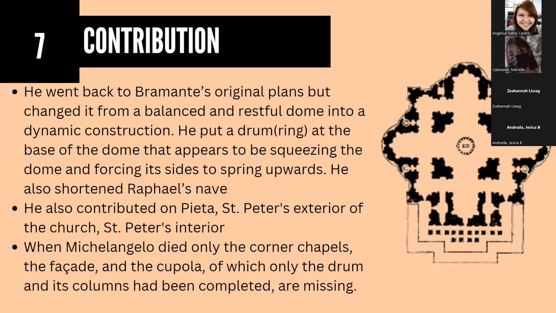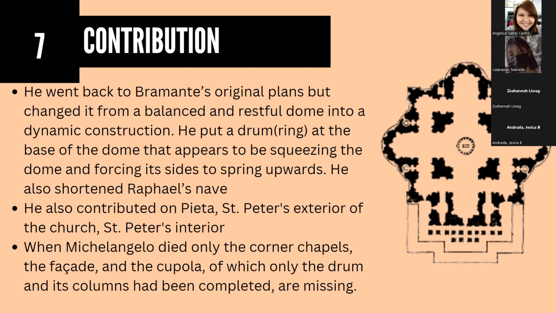He changed it from a balanced and restful dome into a dynamic construction. He put a drum or ring at the base of the dome that appears to be squeezing the dome and forcing its sides to spring upwards. He also shortened Raphael's nave.